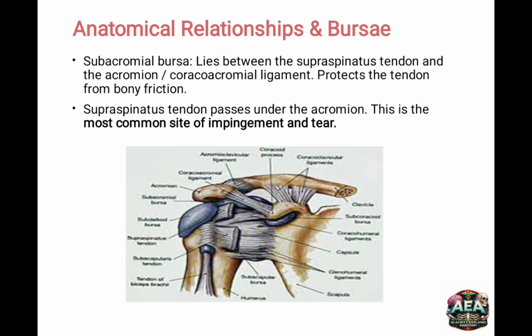Now, what are the anatomical relationships of the rotator cuff muscles? We have the subacromial bursa. The subacromial bursa lies between the supraspinatus tendon and the acromion, or the coracoacromial ligament. It protects the tendon from bony friction.